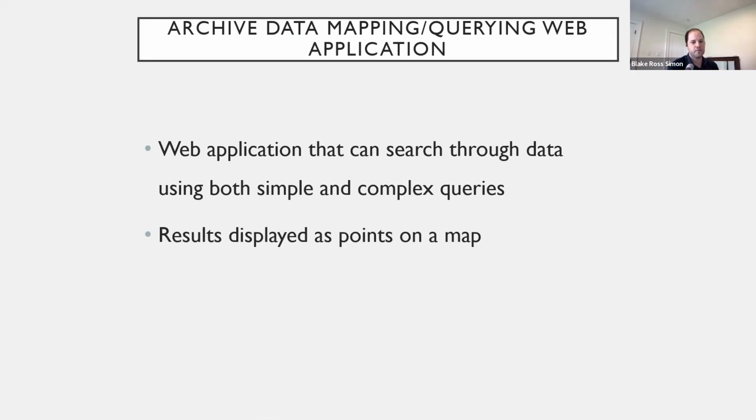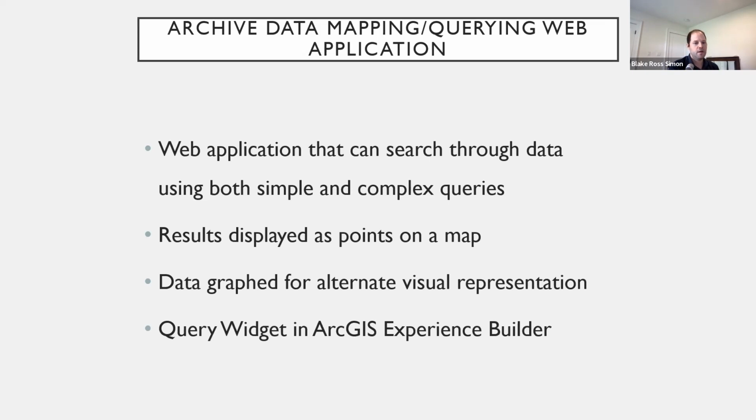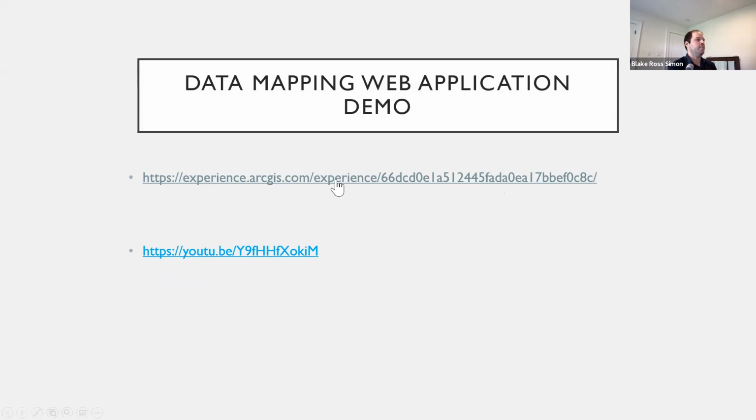The results of these queries should be displayed as points on a map and give an attribute table containing the positive query results. I also graphed the data to give an alternate visual representation. The query widget built into Experience Builder allowed me to make this possible by selecting a data source. So I'm going to give a demo of the main public web application now.